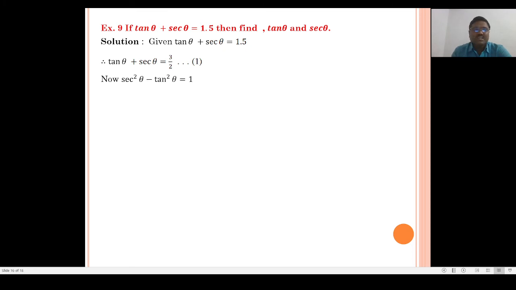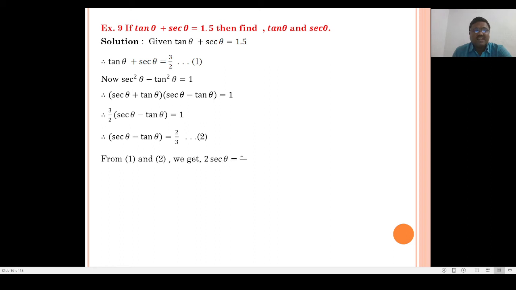We know sec square theta minus tan square theta equals 1. So sec theta plus tan theta into sec theta minus tan theta equals 1. By factors, we get 3 by 2 into sec theta minus tan theta equals 1, and then sec theta minus tan theta equals 2 by 3. So we get the two values.